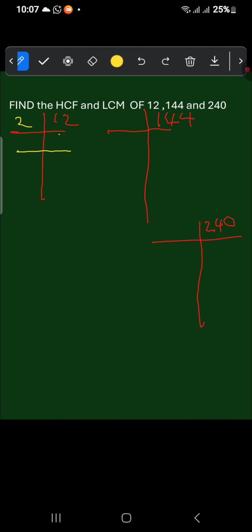12, 6 times. Then again 2 can go into that, it goes 3 times. Then 3 into that, it goes how many times? Once. So actually 12 can be written as 2 times 2 times 3, which is 2 to the exponent 2 times 3.